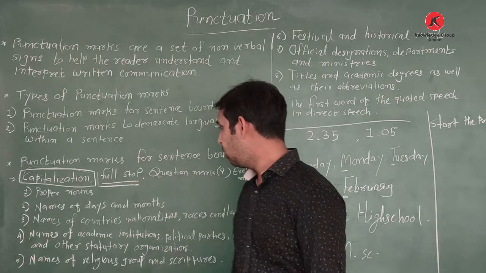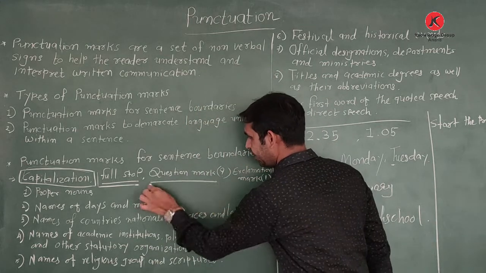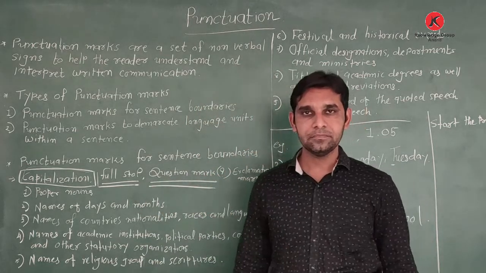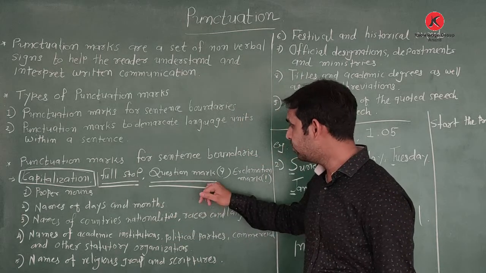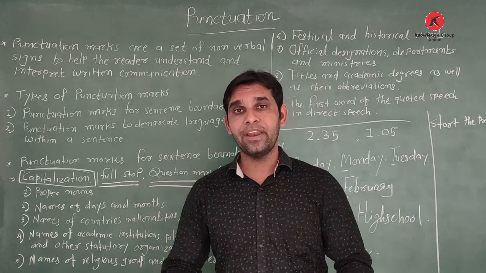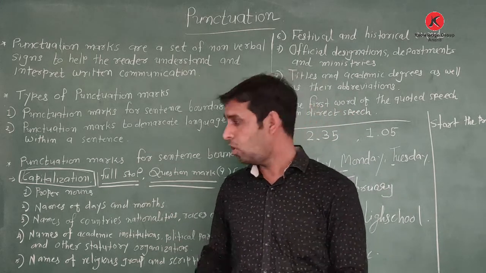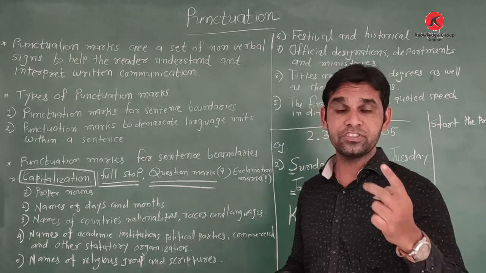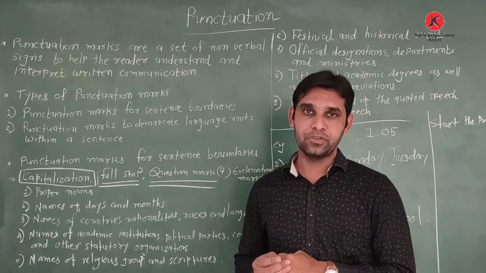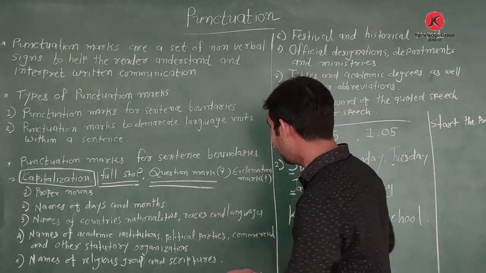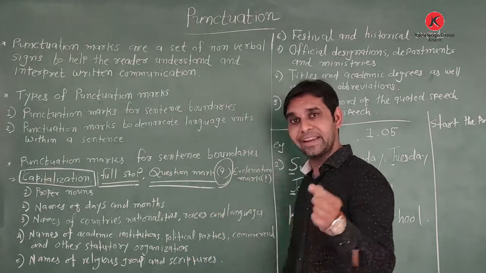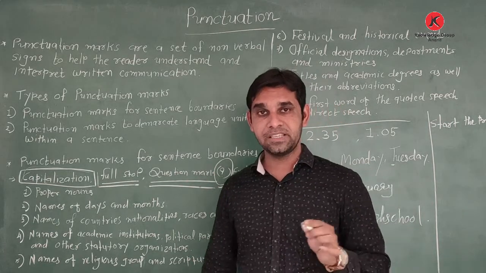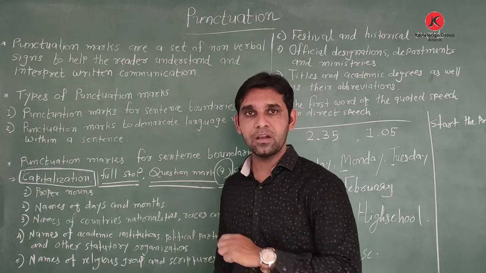Now comes the question mark. Where do we write the question mark? We write it in two types of questions, yes/no questions and WH questions. We use the question mark symbol at the end, such as "Did you do this work?"